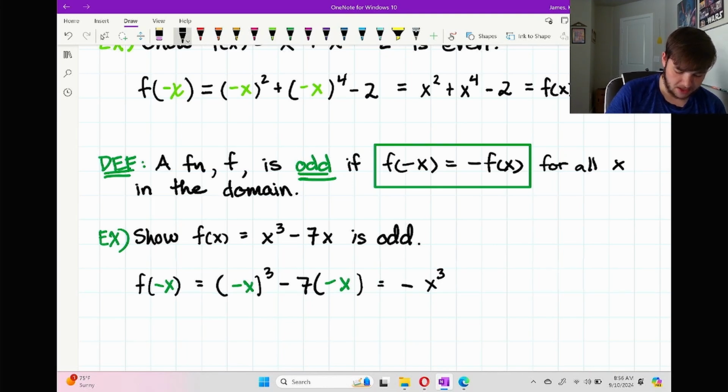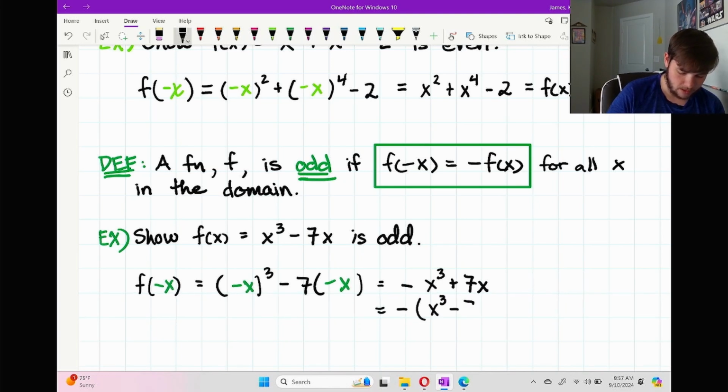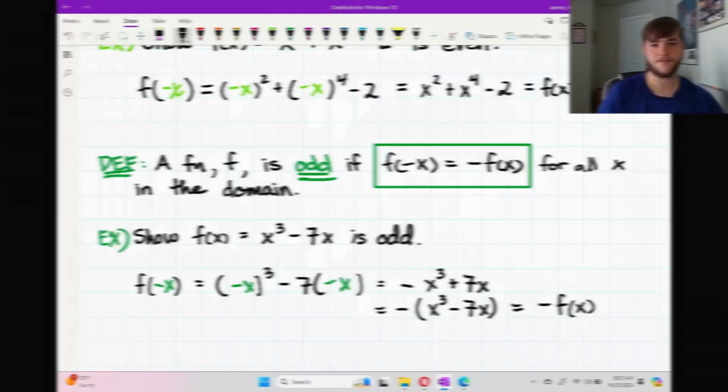And -7 times -x would be plus 7x. Notice I got back the opposite of the original function. It might be a little bit easier to see if I factor out that negative sign. So this is an odd function.